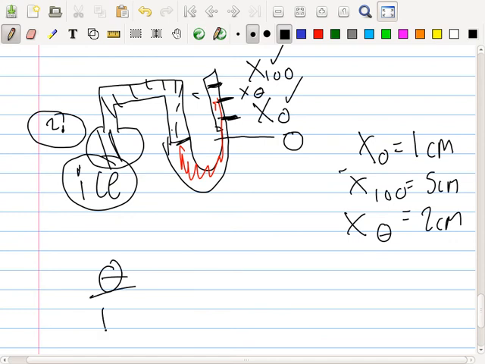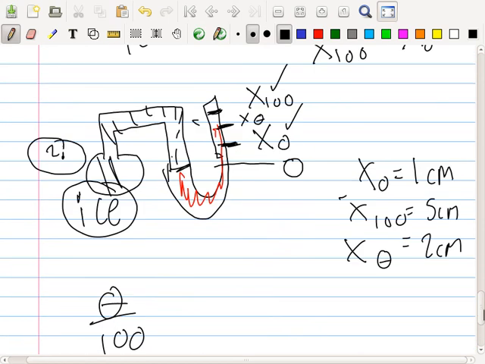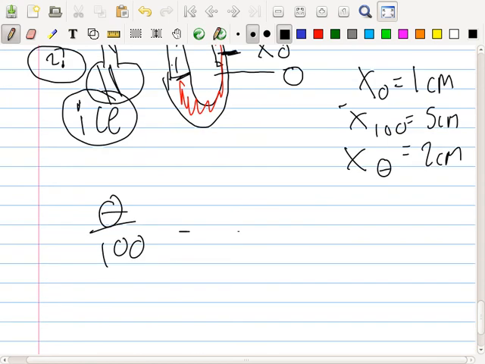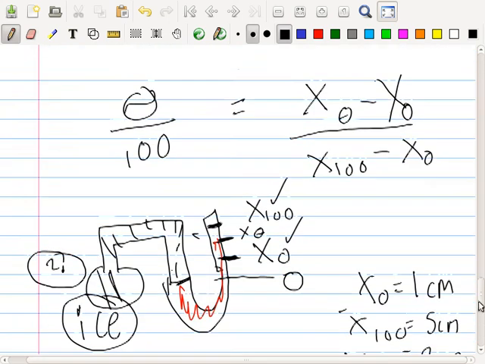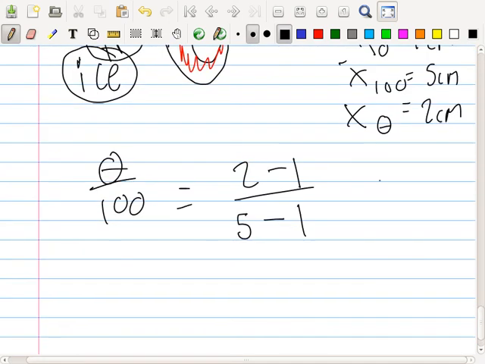So theta over 100 equals x theta minus x0 over x100 minus x0, which equals 1 over 4.